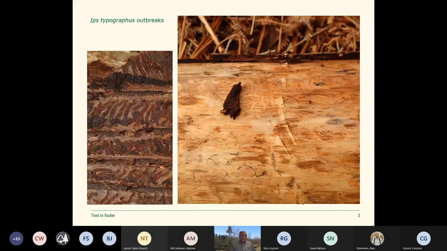We've been keeping an eye open for this beetle for many decades.